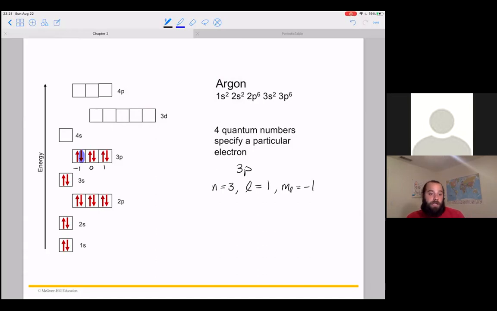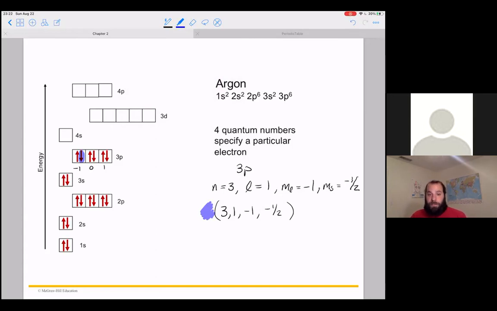And this particular electron that I highlighted is spin down. So that means the m sub S value would be equal to -1/2. All right, so this 3, 1, -1, -1/2 is the 4-digit quantum number address of that particular electron that I've highlighted in blue.